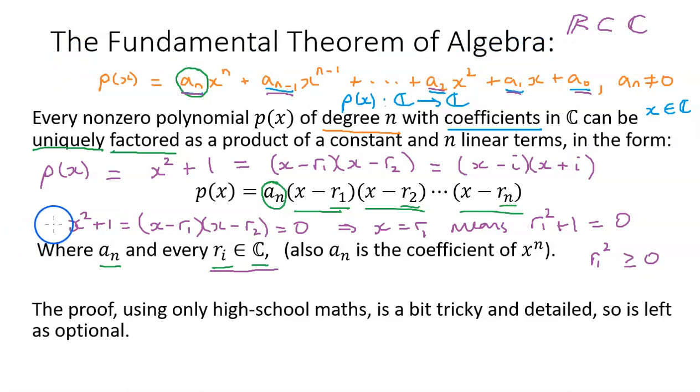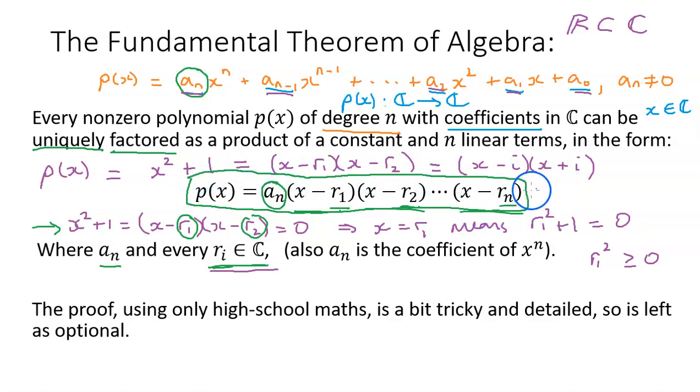It doesn't always work if we are looking for real roots, obviously, but if we allow our roots to be complex numbers, we are guaranteed to be able to write our polynomial p of x in this form.